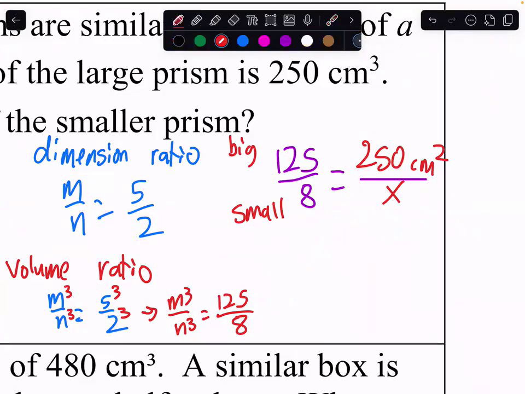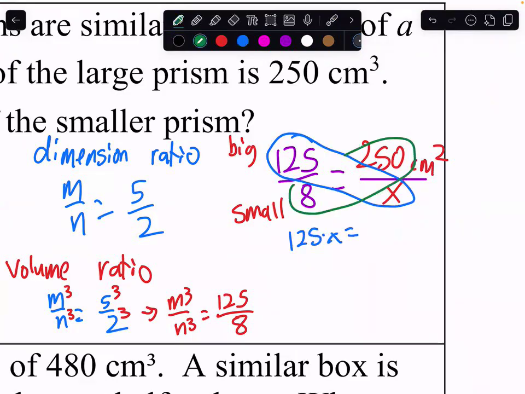Okay, so now that our proportion is set up, we cross multiply. Sorry, centimeters cubed, not squared.